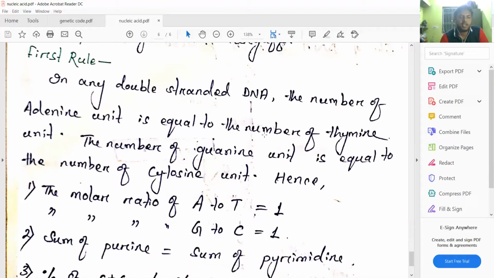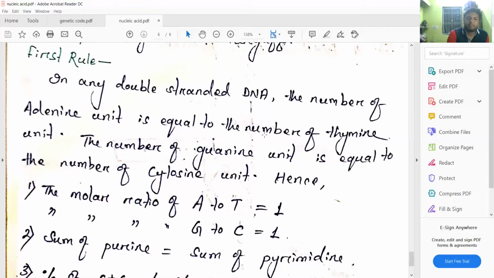If a DNA molecule has 50 adenine, then it has 50 thymine. The same goes for guanine and cytosine: if the double helix DNA contains 50 guanine, it will also contain 50 cytosine.